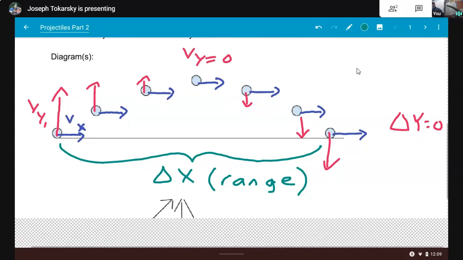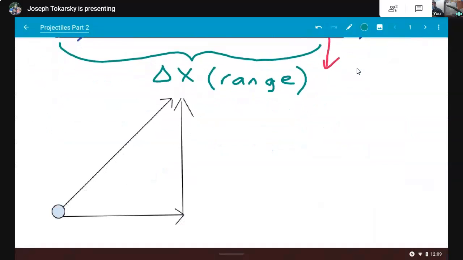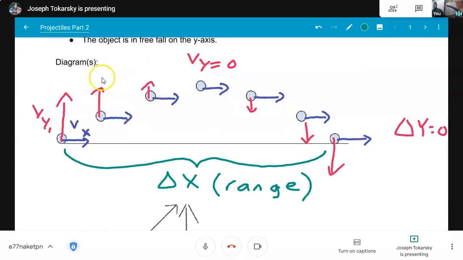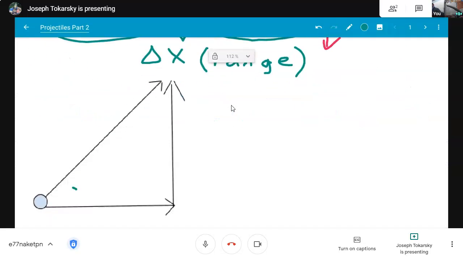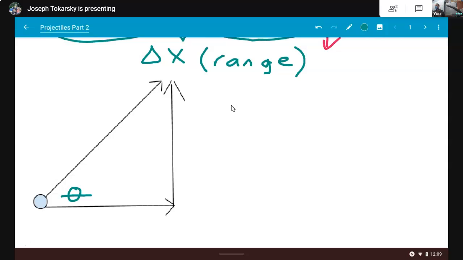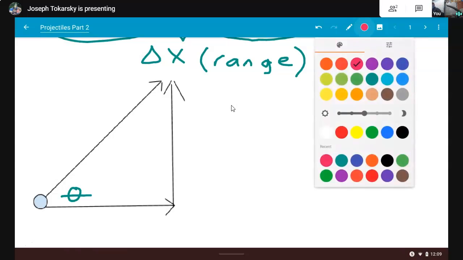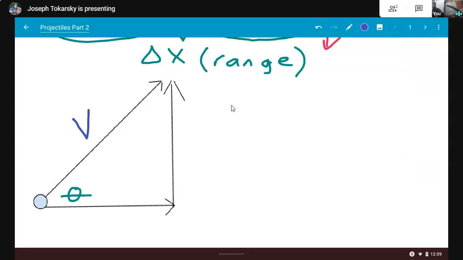And the only thing I have down here is a diagram like I drew on the other one. That's the triangular situation initially. All right? So this really happens right here initially, okay? Where there's an angle that it's fired at. I just took it out and blew it up a little bit so it was easier to draw on. And the V we usually are given, like I said earlier, is that one.